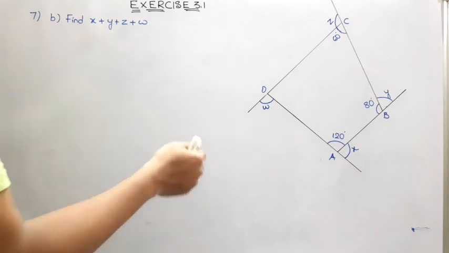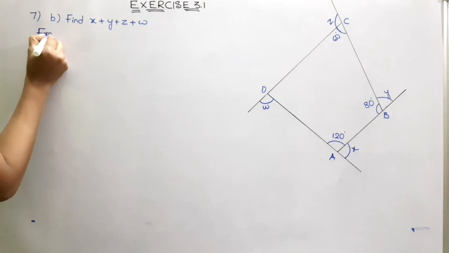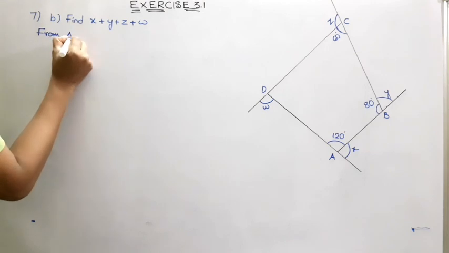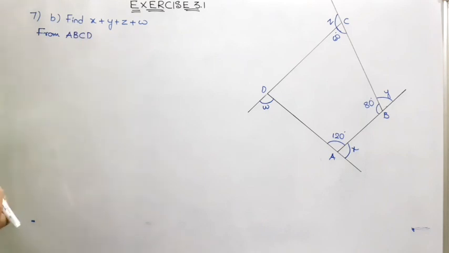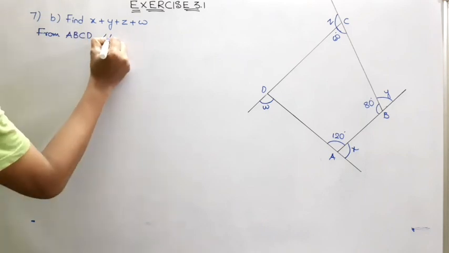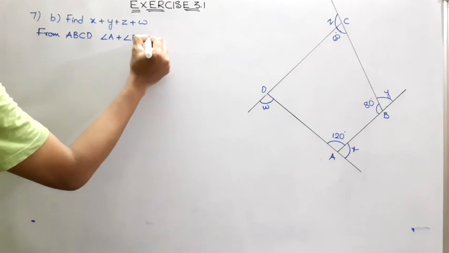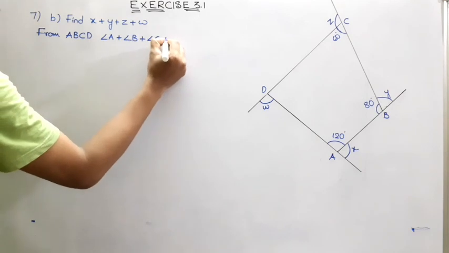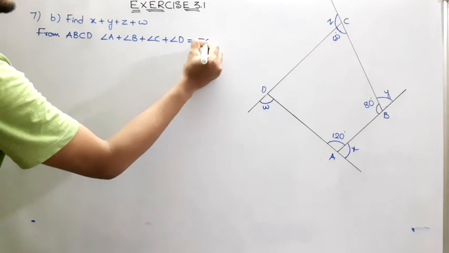So look, from quadrilateral ABCD, angle A plus angle B plus angle C plus angle D is equal to 360 degrees.